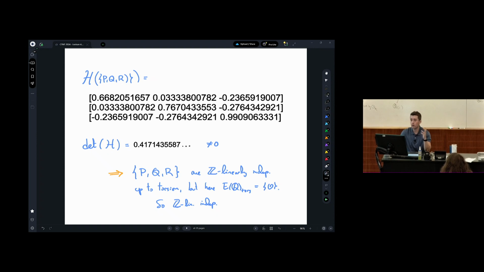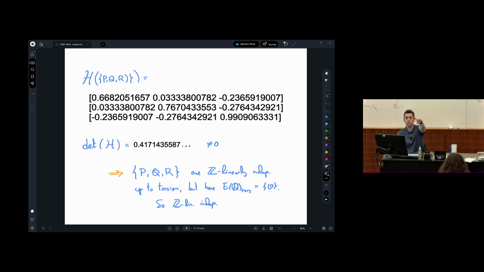So these points are linearly independent. Okay? So if I have a provable algorithm that will compute this correctly, and I know that the error in this number is smaller than, say, 10 to the 10 or something, then I know this is non-zero, and then I know by the theorem that these are linearly independent.